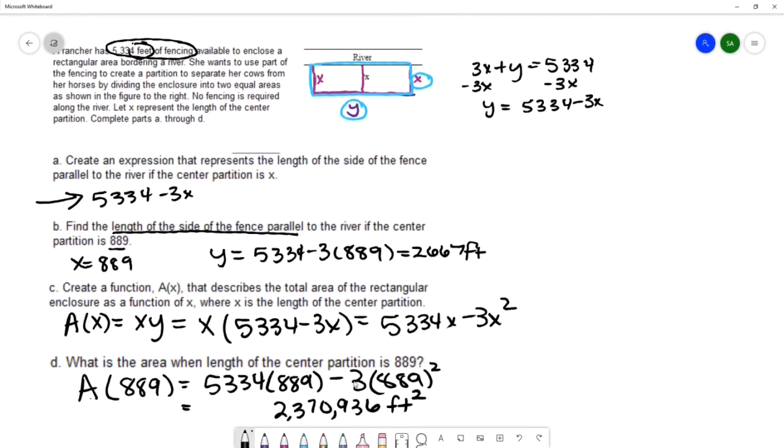Now there is a simpler way to get that value. We have the length and width here that we could just multiply together as well to get the area. So 889 times 2,667, let's see that in the calculator.